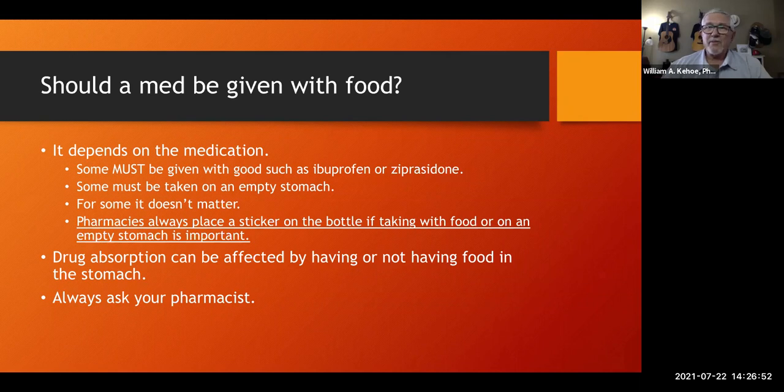But I would really recommend for your consumers, when new prescriptions come in for them, that you pull that paperwork out and take a look at it, because it will also tell you how you take this medication. This is also a good source of information about what the common side effects are and what you do if these side effects happen. There's a lot of good information in those handouts that many people just leave in the bag and throw away. But anyway, you can always ask your pharmacist, and you can call any pharmacy and tell them I'm taking this, and they'll tell you how to take it.